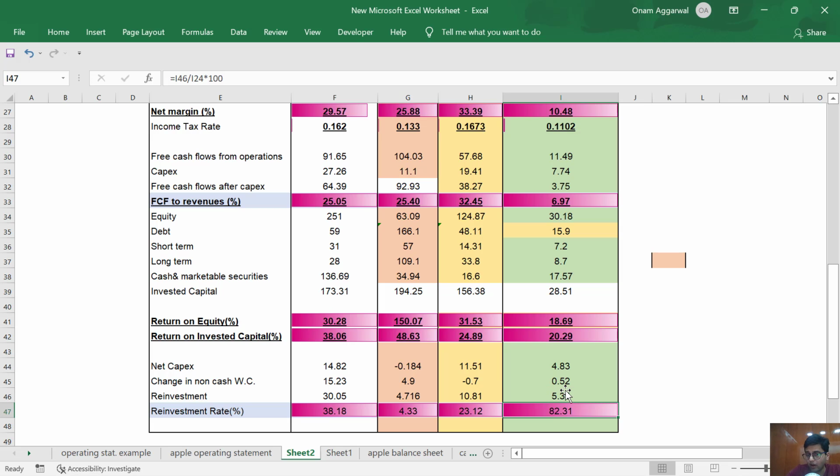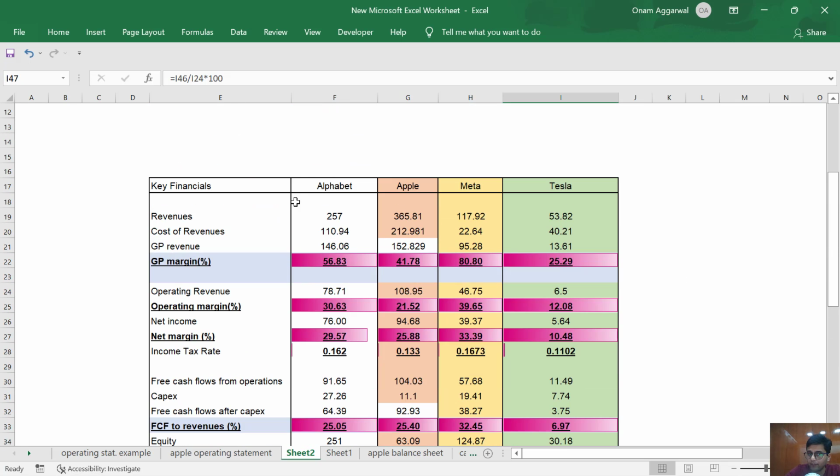Reinvestment is 5.35. Almost all the operating income is being reinvested back into the business because Tesla is a much more growing company as compared to these companies. They are quite mature in their life cycle, but Tesla is still a very, very young growing company. Finally, we have done the financial statement analysis of four of the biggest companies in the world.